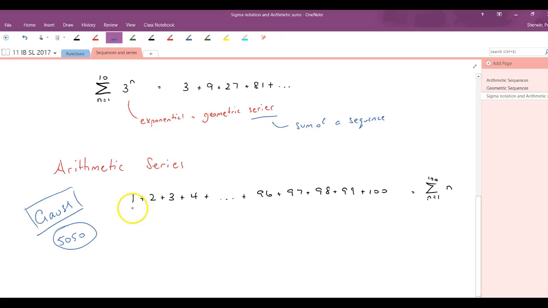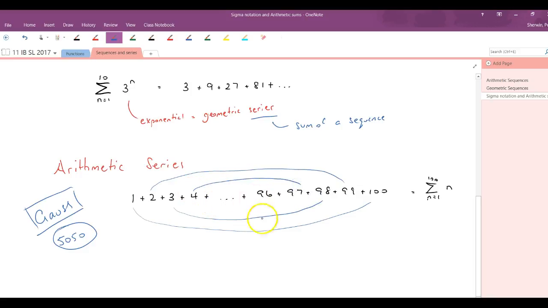Well, if we have a look at pairing this up, let's have a look at the first term and the last term. We want the sum of this, all 100 numbers. And if you just have a look here at these pairs of numbers, what do we find? 5 and 96. We find, if you look at them, they all add up to 101.